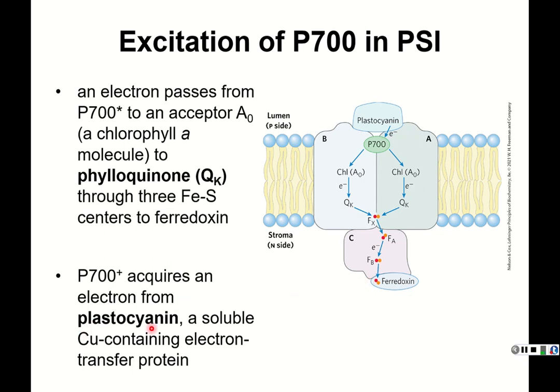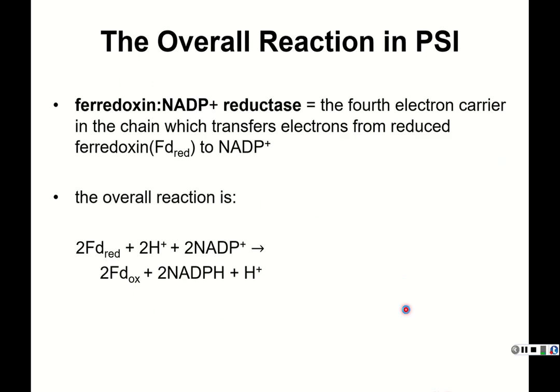If you're curious, plastocyanin is a soluble transfer protein, sort of like cytochrome c. It actually contains copper. Cytochrome c had a heme with iron; plastocyanin uses copper. So ultimately what happens here is ferredoxin is going to be used to transfer electrons to NADP+.